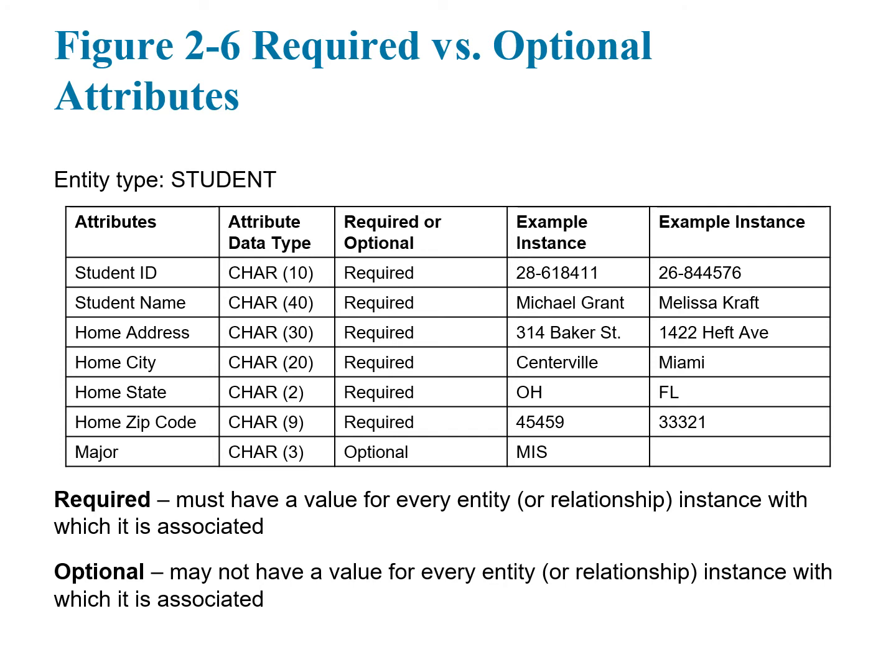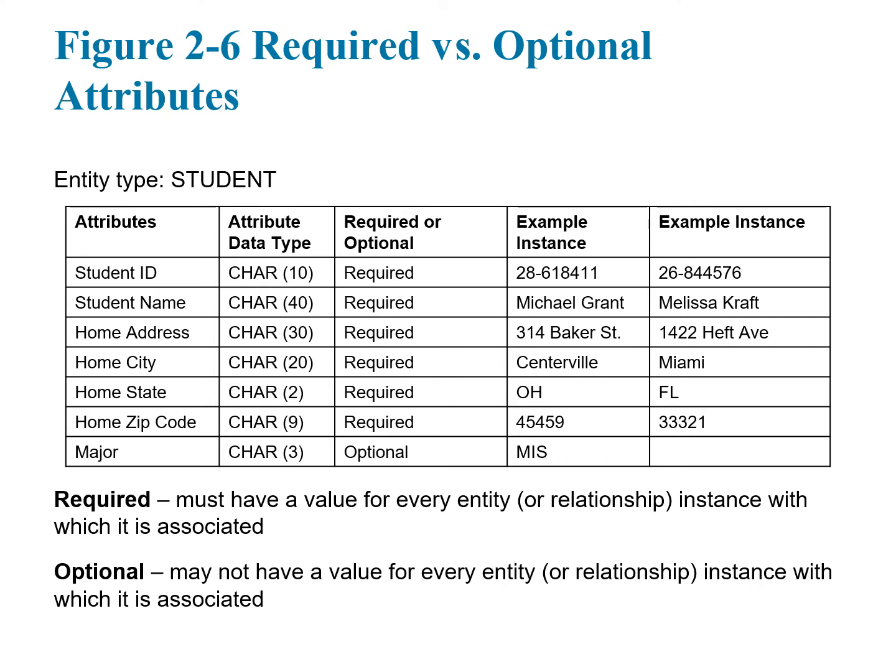Figure 2-6, required versus optional attribute. The figure illustrates the various properties of an entity attribute. A required attribute must have a value, whereas an optional attribute could be null.